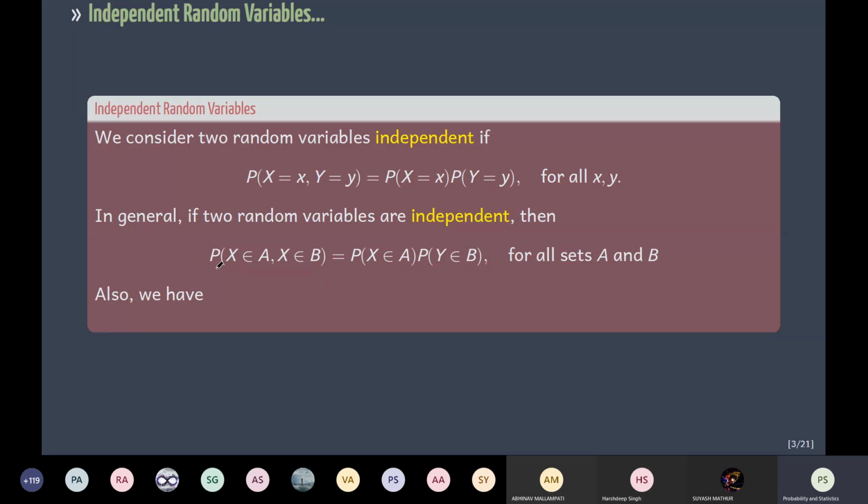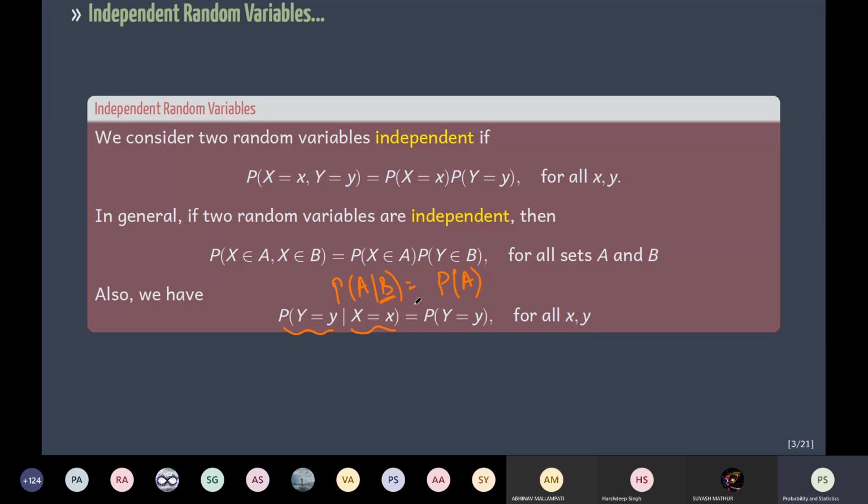Okay. So in general, if two random variables are independent, then we can also write it like this. For any sets A and B, if X lies in some set A and Y lies in some set B, then we must have that the probability that X belongs to A and Y belongs to B is the probability that X belongs to A times the probability that Y belongs to B. So this can be generalized for any two sets A and B. And this is something we also know from the previous description, that the probability of A given B is the probability of A only.